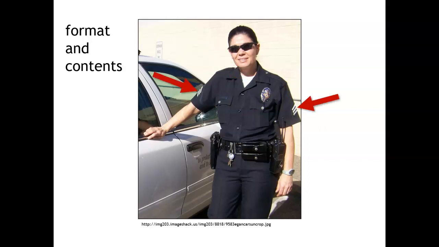We have stripes indicating authority. We have the military crease. And then we have the Sam Browne belt. It's got all sorts of utilities. There's a gun, there is pepper spray, there is a baton, there's a walkie-talkie, and in the back there are handcuffs.